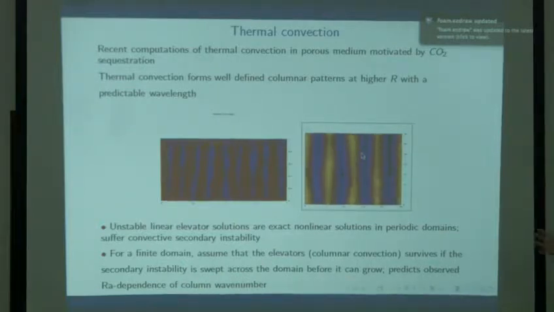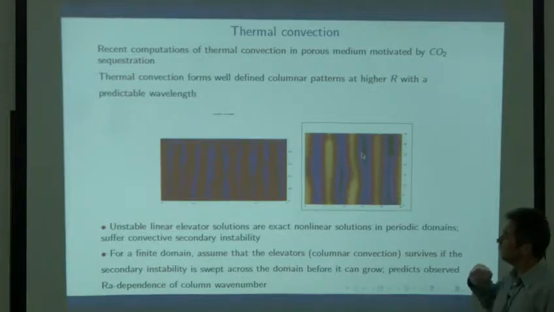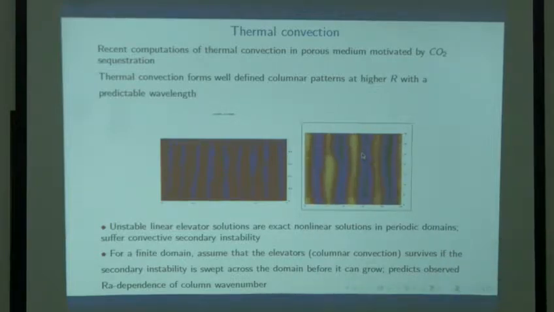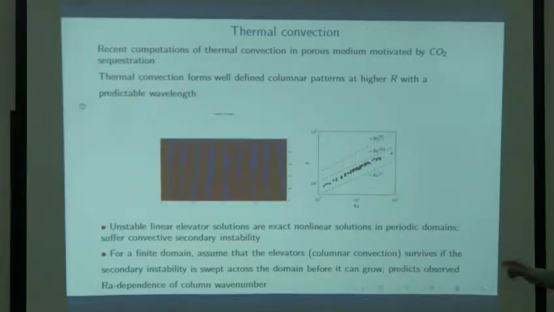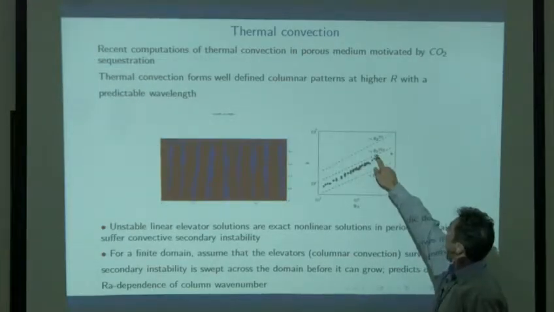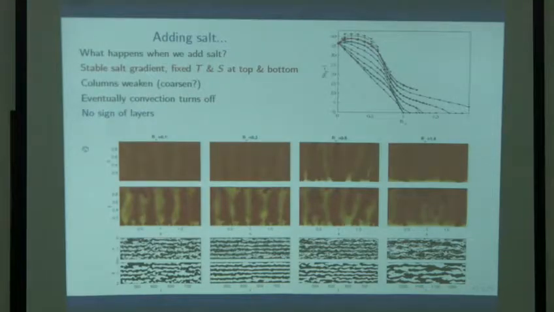And if you look at the nonlinear solution and its secondary instability, you can then come up with a scaling law, which is that the wave number is the Rayleigh number to the 5/14ths. And that matches very well with their numerical simulations. Okay, so that's kind of the background story of this porous media problem.